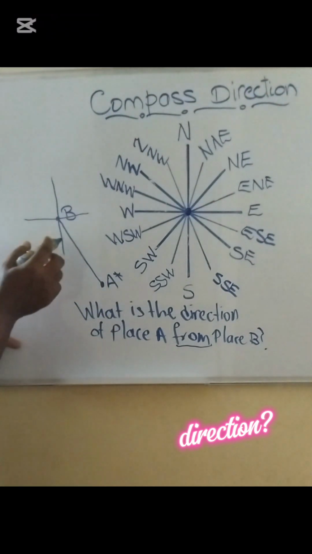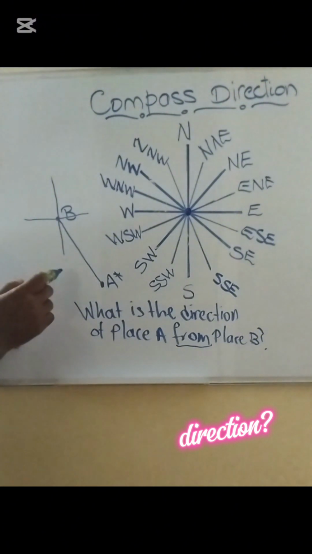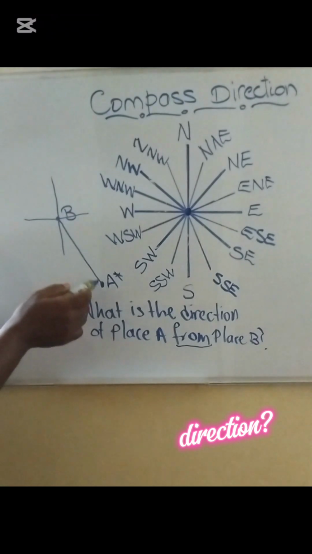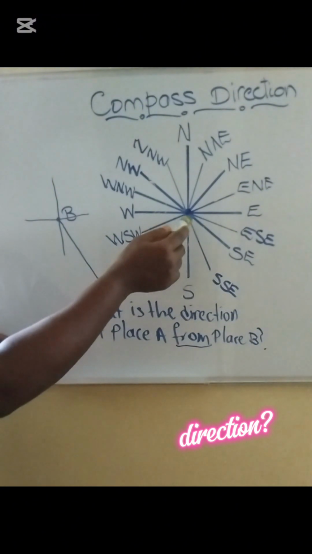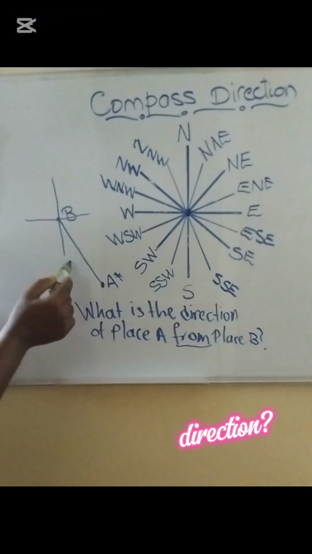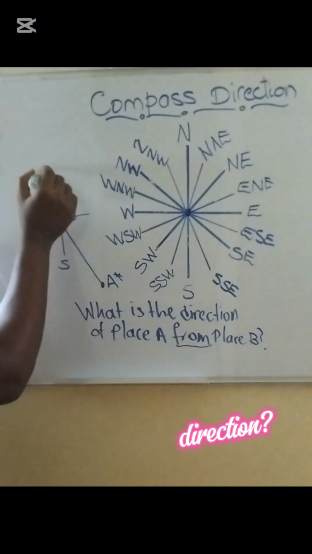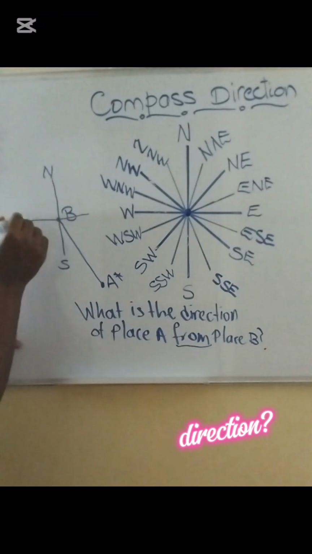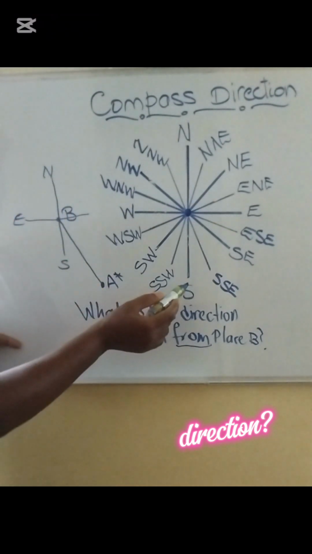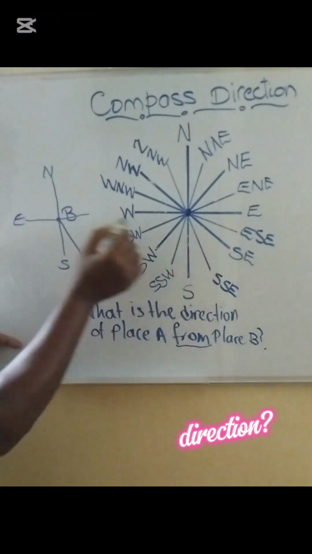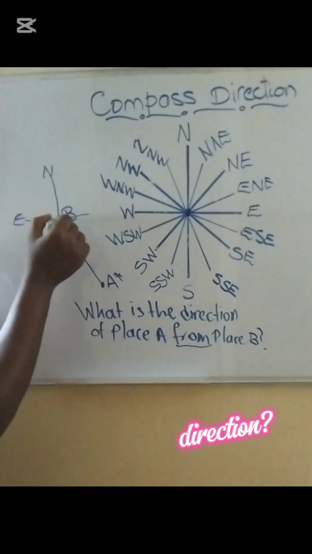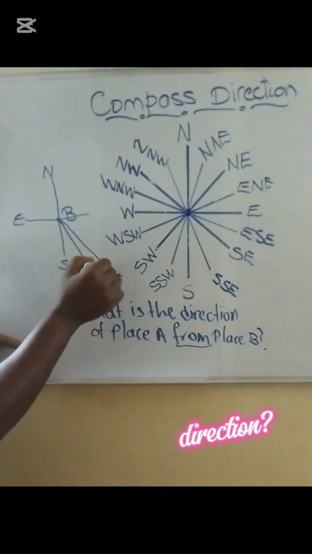So without actually drawing an 8-point compass, we can see what the direction is, what place A is from place B, right? So if we look here, this is south. What does that look like? If it was southeast, then it would be about somewhere there.